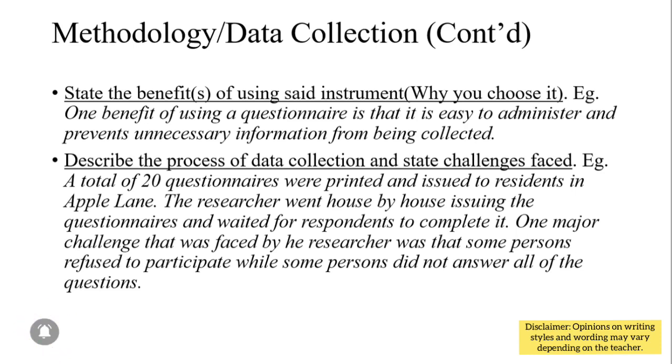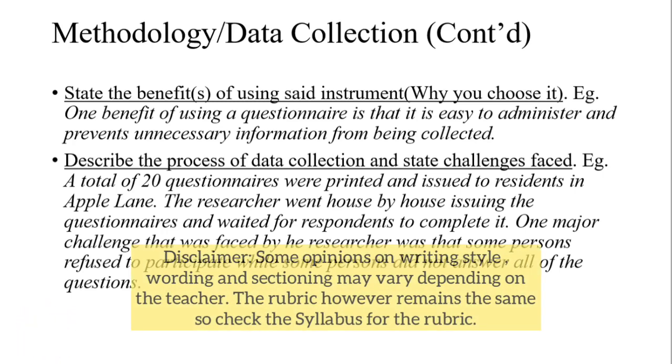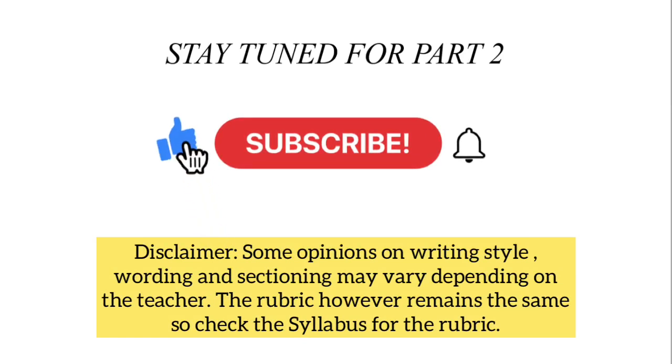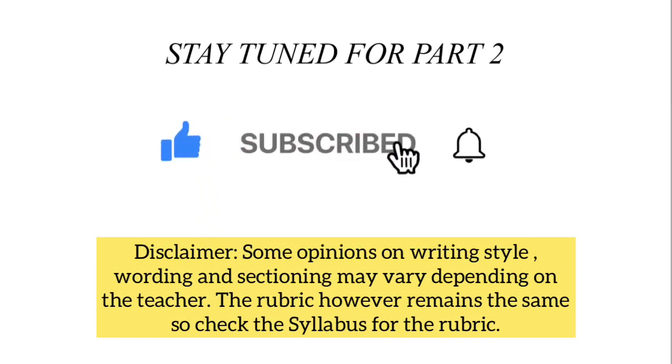So you describe how you went about getting the information, and you speak about the challenges that you faced. And that is important, right? So there you have it, 19 marks right off the bat.